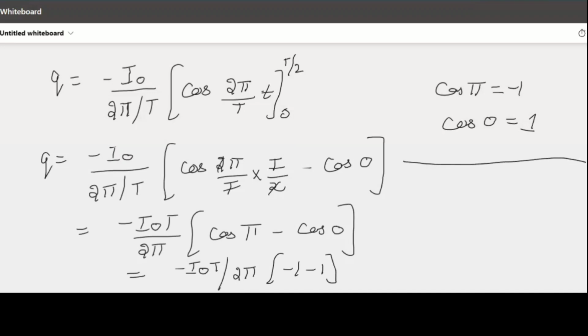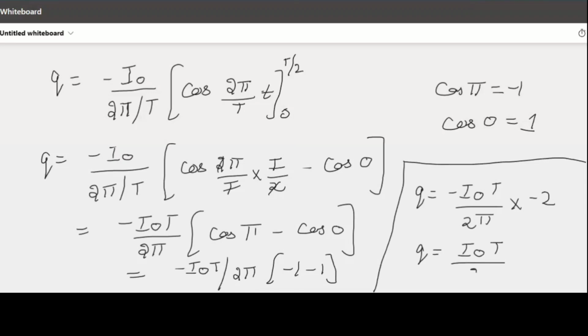Now we are going closer to the final answer, which is Q is equal to minus I naught T divided by 2 pi multiplied by minus 2. So the final answer is I naught T divided by 2 pi, multiplied with 2, and 2 and 2 get cancelled. So the final answer is I naught T divided by pi. This is the final expression for Q.